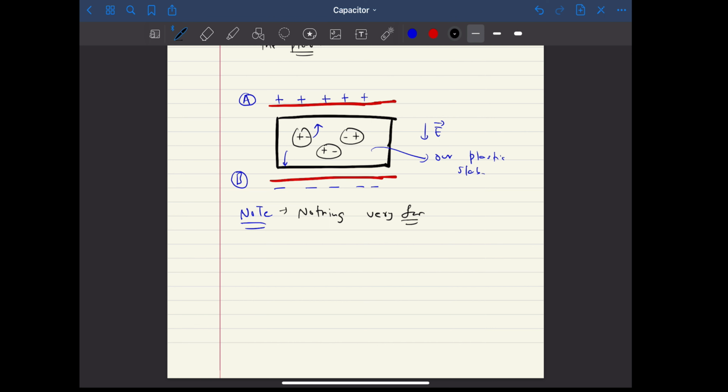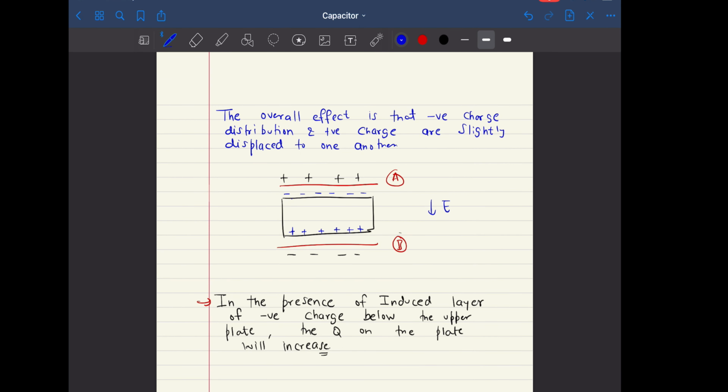There will be only some displacement of charges. The overall effect is that the negative charge distribution and positive charge distribution are slightly displaced relative to one another. Now these positive charges and negative charges will interact, and the whole potential will be reduced.